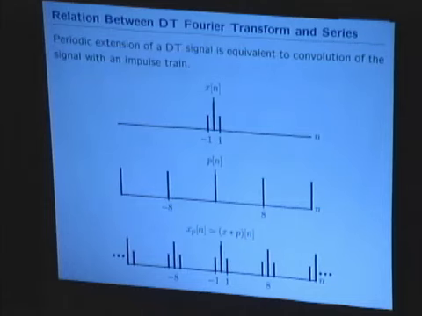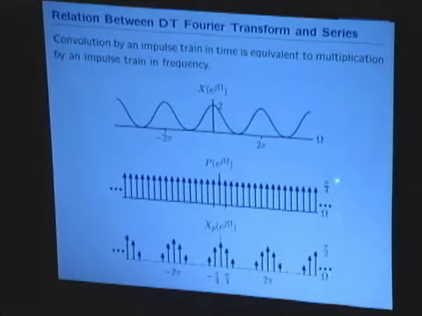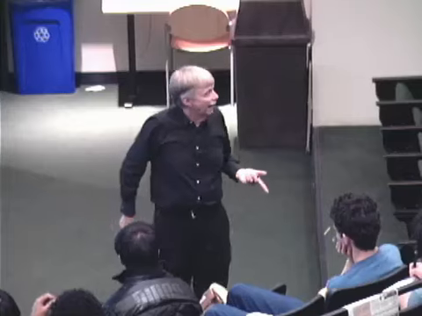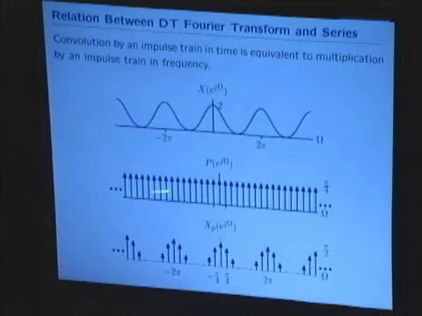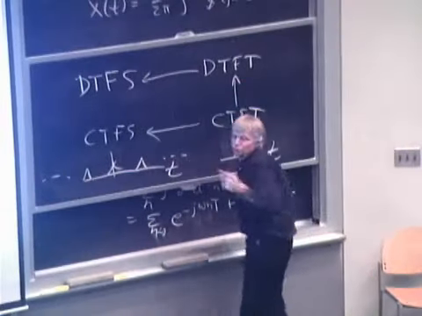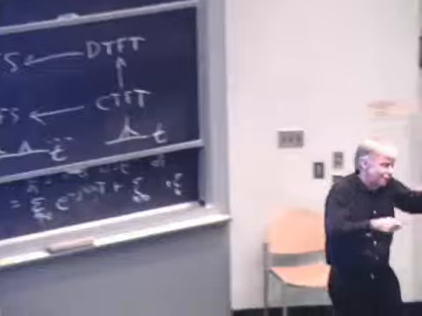So if this is 8 over here, I do 2 pi over 8, which is pi over 4. So multiplying by this impulse train gives me then a string of samples from that waveform. So the effect of going this way, which is periodic extension, which is the same as convolving in time, is sampling in frequency.